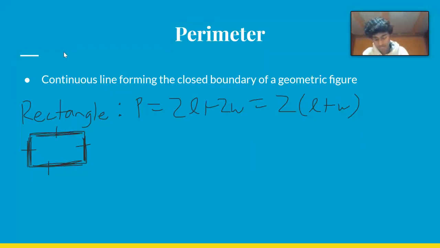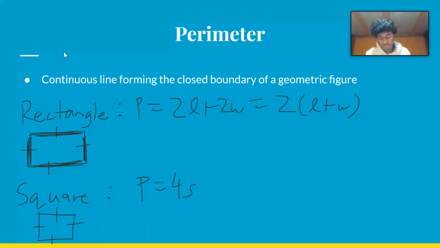Now, if we want to look at a square, for a square the perimeter is just 4 times the side length. For a square, all sides are the same.